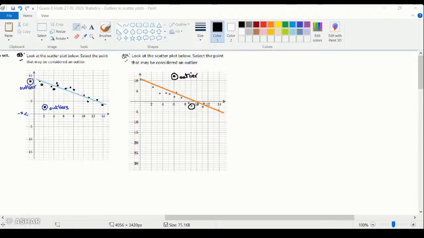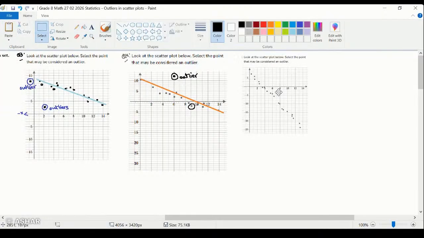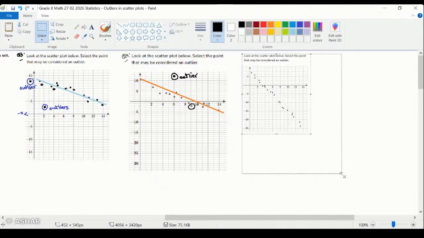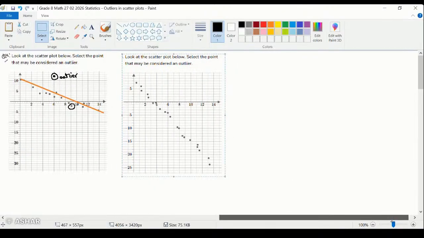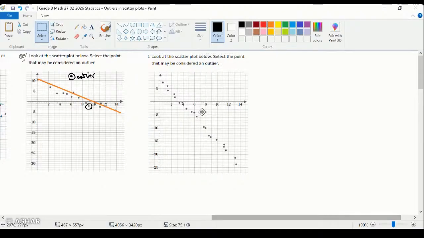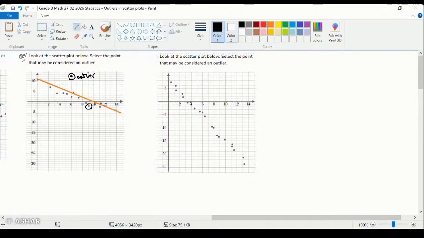For the next question, it says, for the scatter plot, identify the outlier. So let this be question number 5.